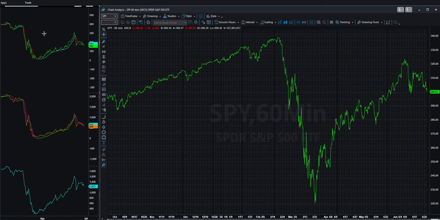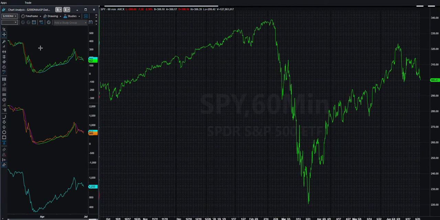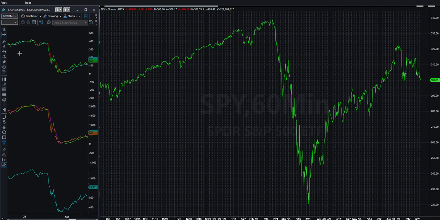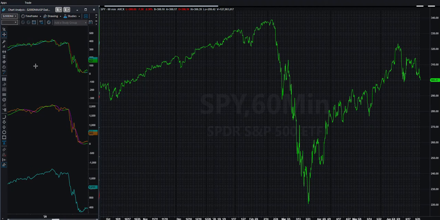Once these indicators reach extreme, for example, on the left top side right here, once this reaches a level of 400 to 500, we are expecting a potential market turn.